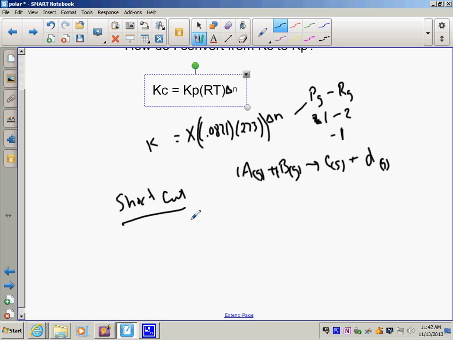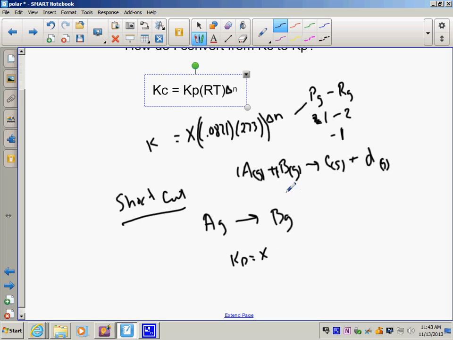It used to show up in a lot of multiple choice questions. With a new exam coming up, I don't know how much is going to show up, but here's how it works. If we have A gas going to B gas, in this case you use your math, and let's say Kp equals X. Okay, I want to find out what Kc is.